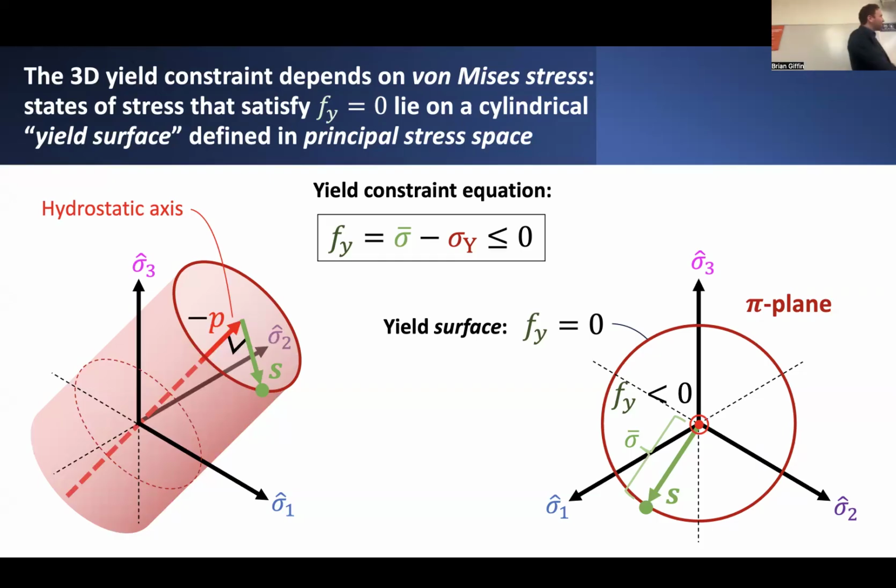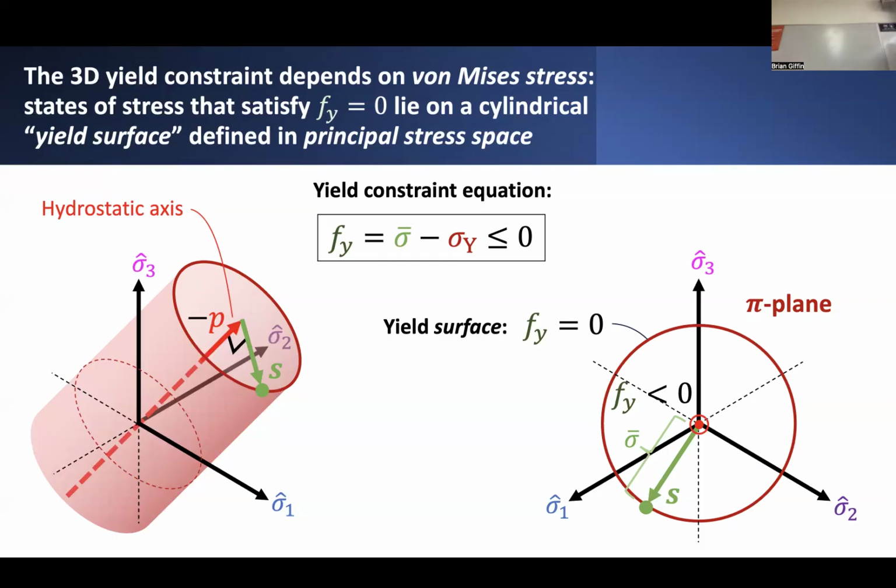So it's an interesting concept that you can visualize the yield constraint in this fashion as describing a surface in three-dimensional stress space. And sometimes this is exactly how this yield constraint is described. It's sometimes referred to as a yield surface.